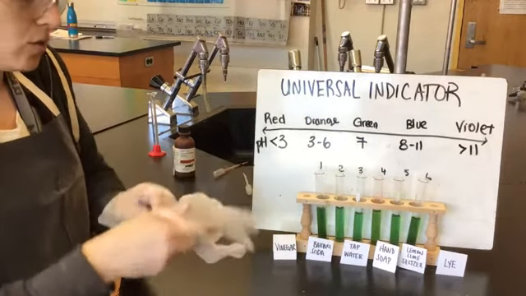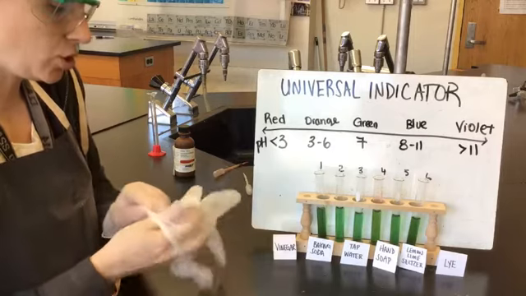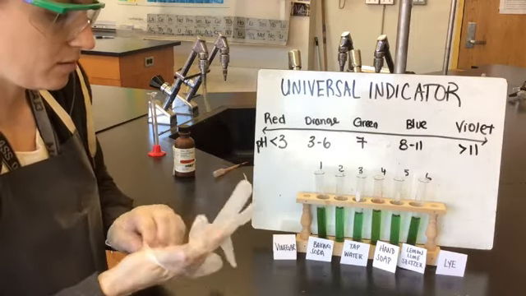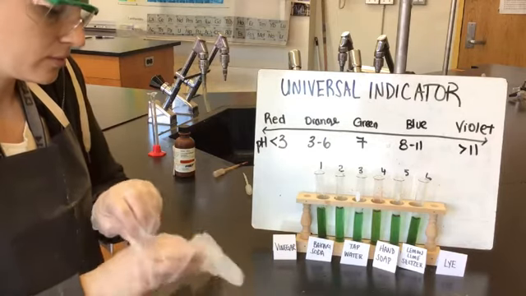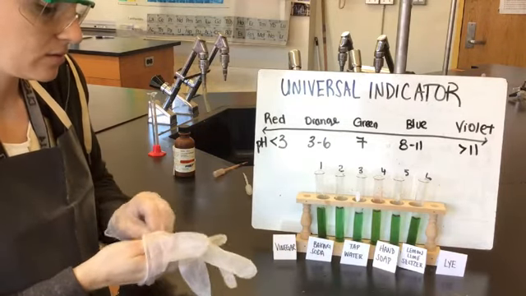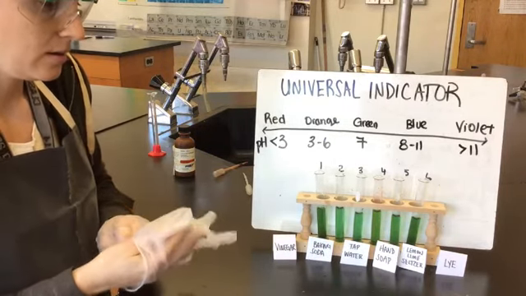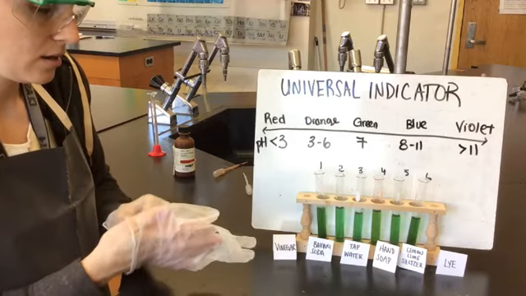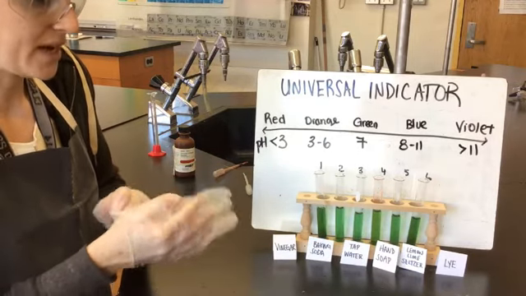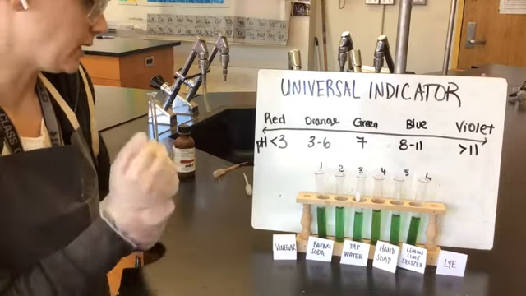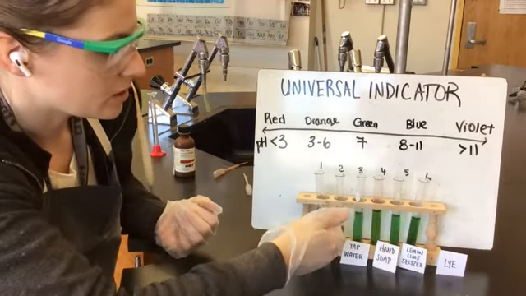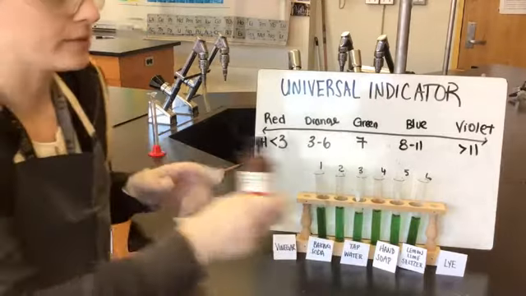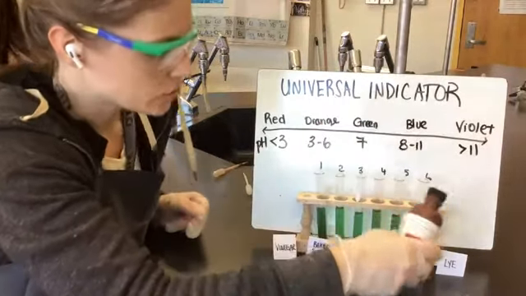We are going to test the pH of vinegar, baking soda solution, tap water, hand soap, lemon lime seltzer, and lye, which is a form of potassium hydroxide often used for cleaning, and we're going to compare them to each other using 1 drop of universal indicator that's already been added to each of the test tubes here.